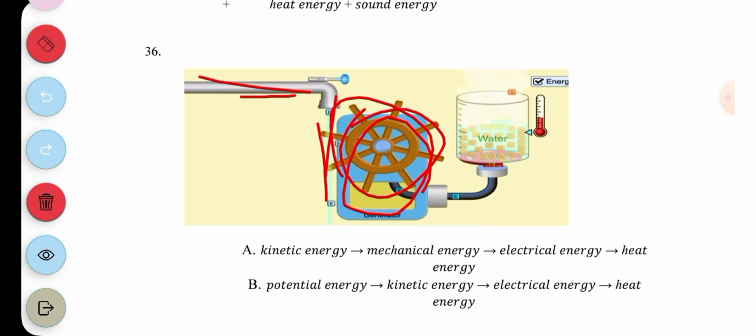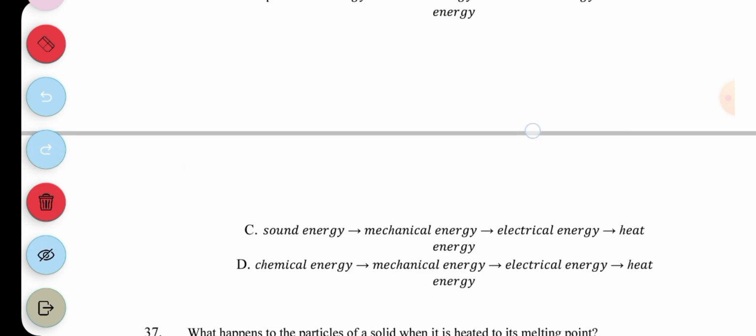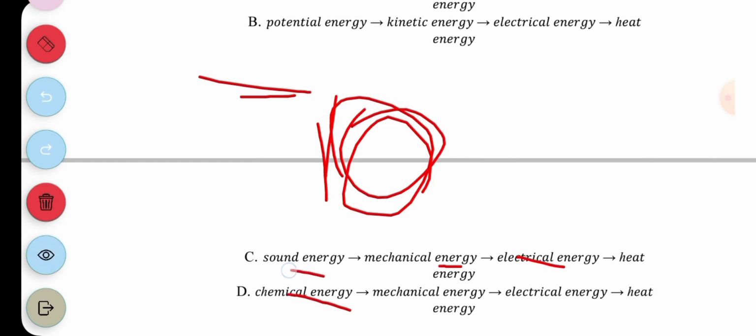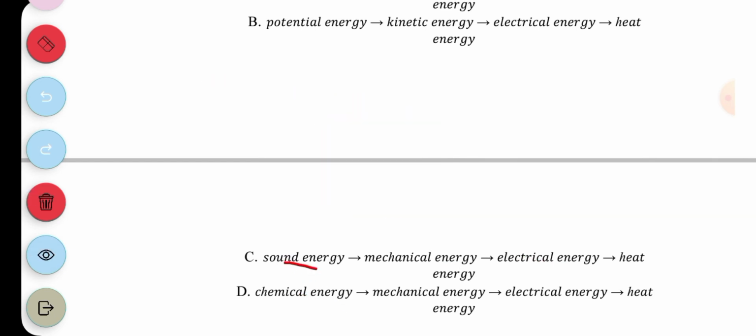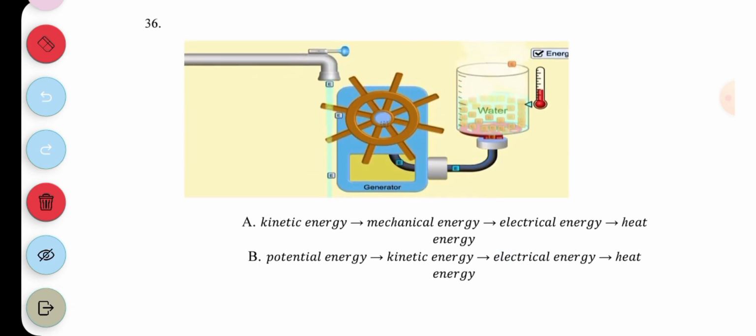With A, we have kinetic energy from the water to mechanical energy, then to electrical energy, and to heat energy. B begins with the wrong type of energy. Let's check out C. C also starts with a wrong type of energy, sound. Then D also starts with the wrong type of energy. So the answer to question 36 is A.